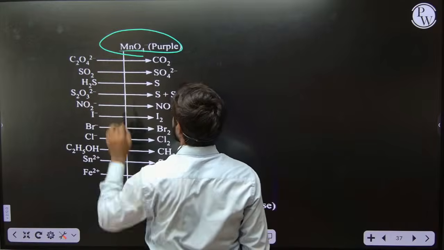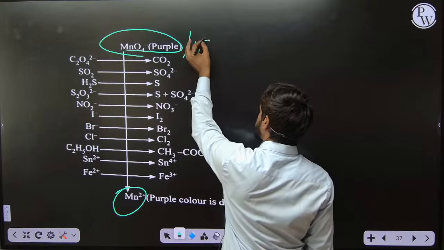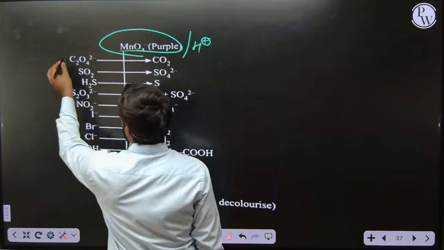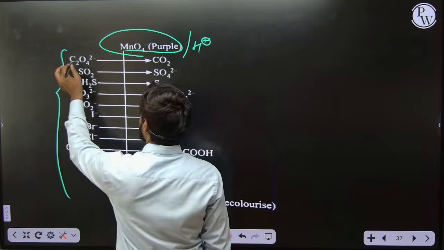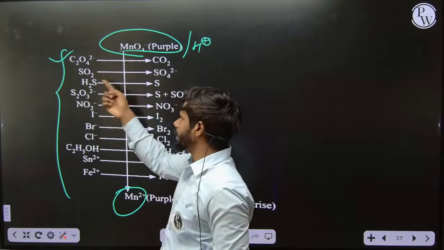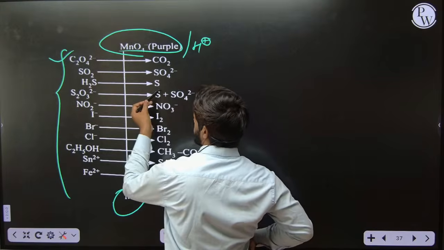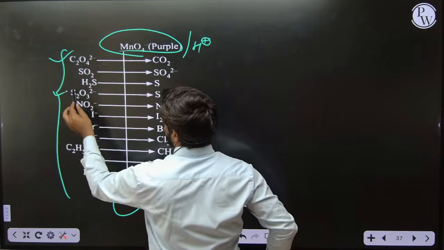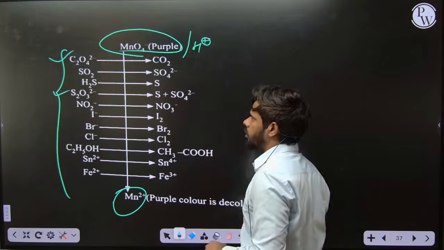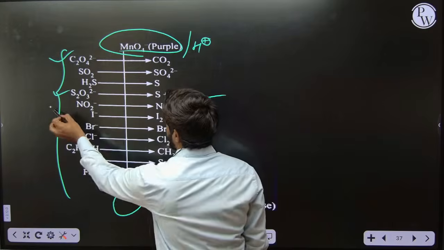MnO4 minus gets converted into Mn2 plus in the acidic medium, and for the conversion of this reagent, oxalate will be converted into carbon dioxide, sulfur dioxide will be converted into sulfate, sulfide will be converted into sulfur, thiosulfate will be converted into sulfate and sulfur.